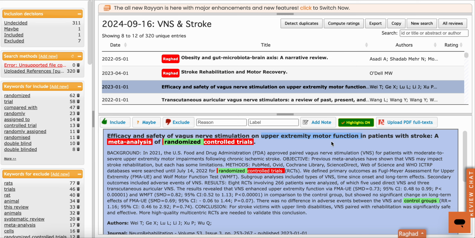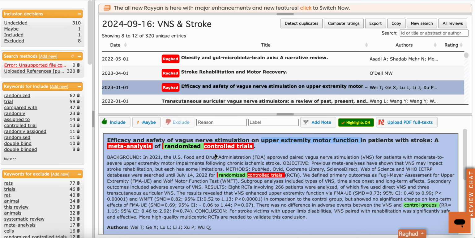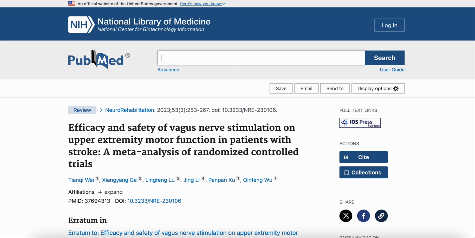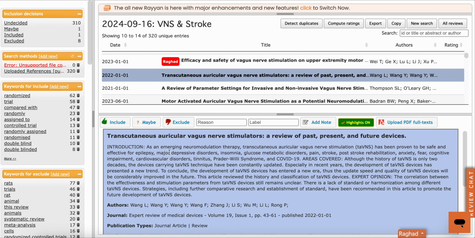It is different from our study, since our study includes all post-stroke dysfunction, and it talks about efficacy, safety, and therapeutic efficacy, that is rehabilitation and improvement in progression. So this is also excluded. Let's also read it. Here, a past review, present and future device, excluded.